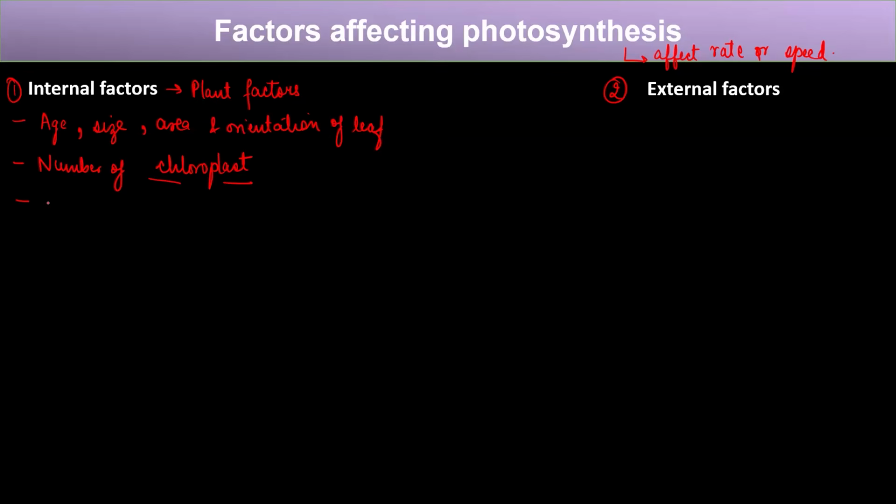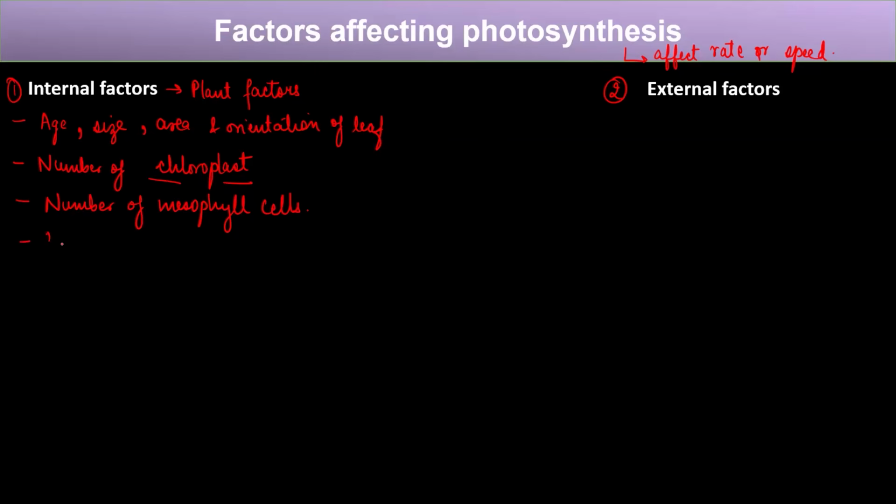Then third is the number of mesophyll cells, because in most cases the dark reaction takes place in the mesophyll cells, or in some cases in a combination, like in C4 cycle. But the mesophyll cells are important, and most of the time the Rubisco enzyme that catalyzes the dark reaction is present in the mesophyll cells. Hence, the number of these mesophyll cells is also important.